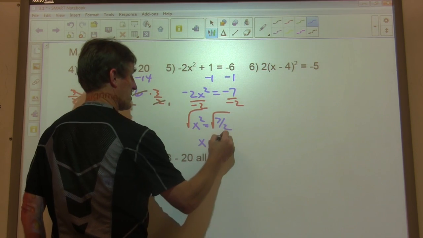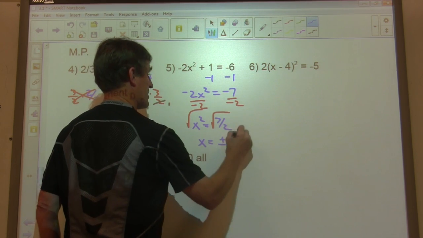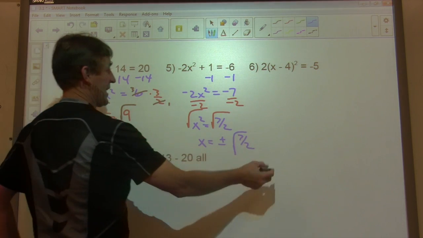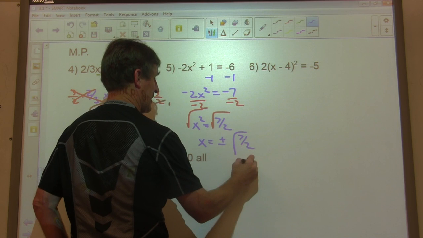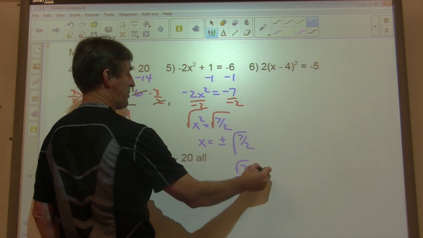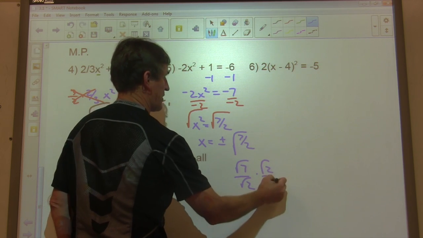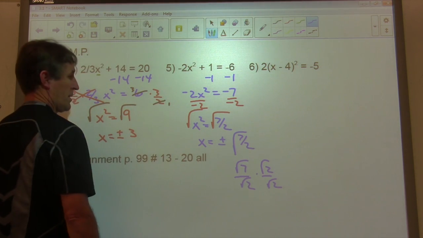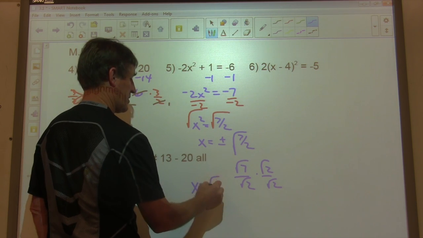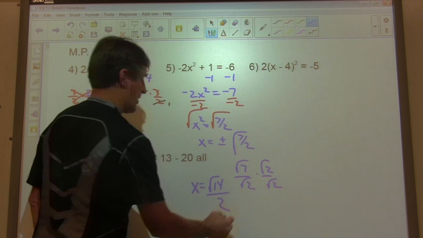So x equals plus or minus the square root of 7/2. But again, we can't leave it like this. So we break it into the square root of 7 over the square root of 2. And then we multiply by the square root of 2 over the square root of 2. And so we get x equals the square root of 14 over 2.